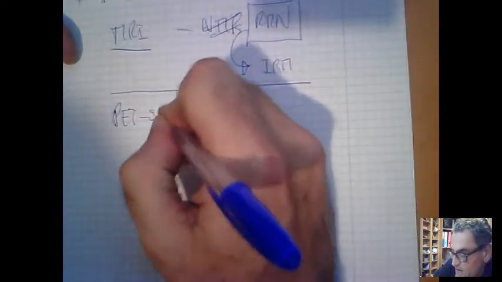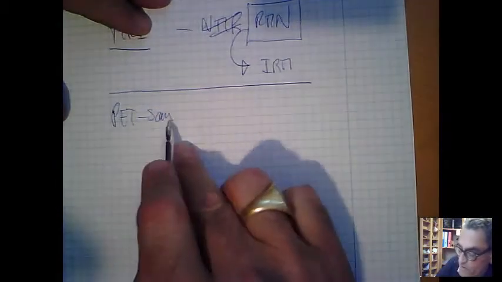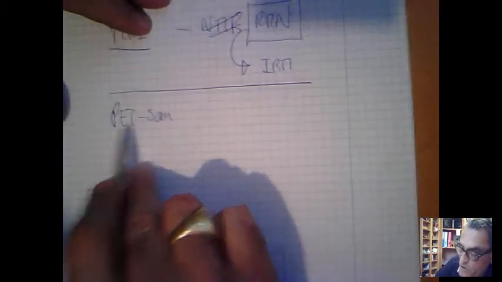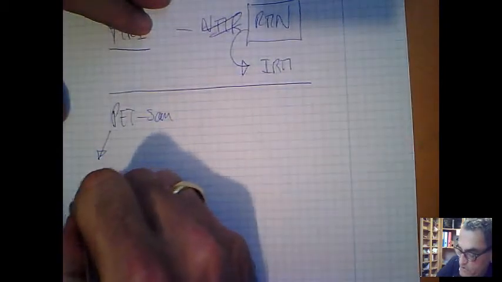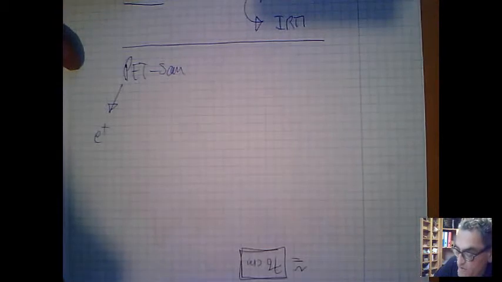Okay, and then you have the PET scan also. You know the PET scan. PET scan is positron emission tomography. A positron is what? It's an anti-electron. It's a positive electron, okay?